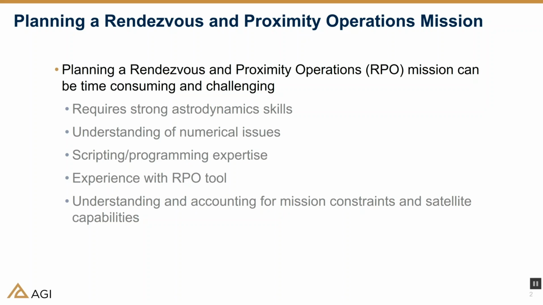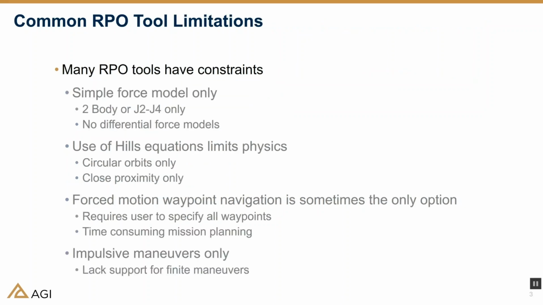They typically require strong astrodynamic skills, an understanding of numerical issues. Frequently, additional scripting is required, and quite a lot of experience with your unique tool. In addition, understanding your specialized mission constraints, such as lighting issues and attitude issues, are a real problem.